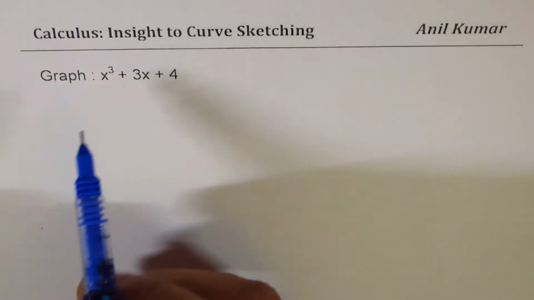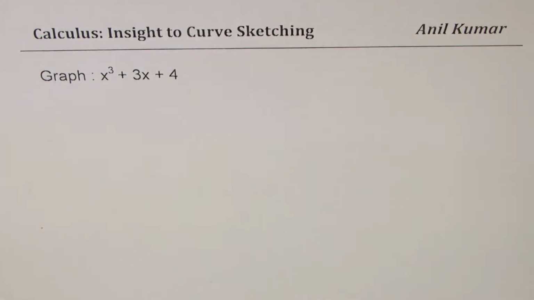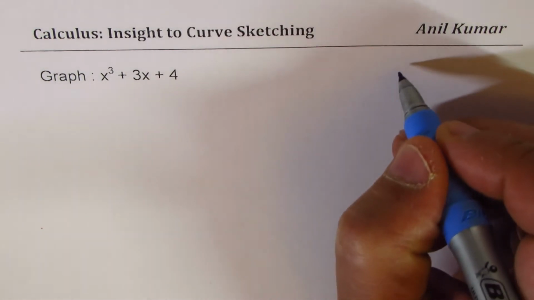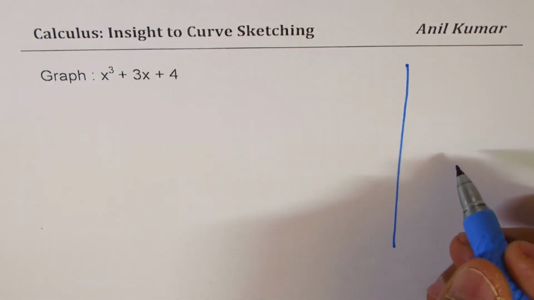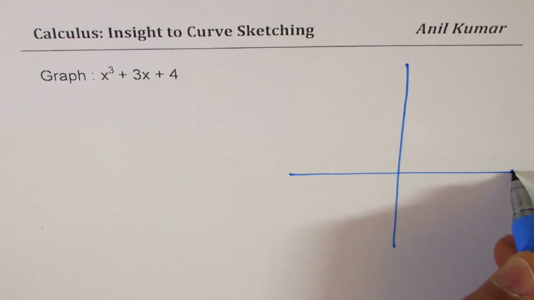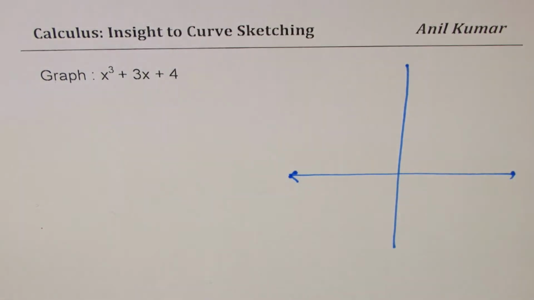So what we have here is x cubed plus 3x plus 4. As we said, it is a polynomial of odd degree. So when it is an odd degree polynomial, what is the end behavior?